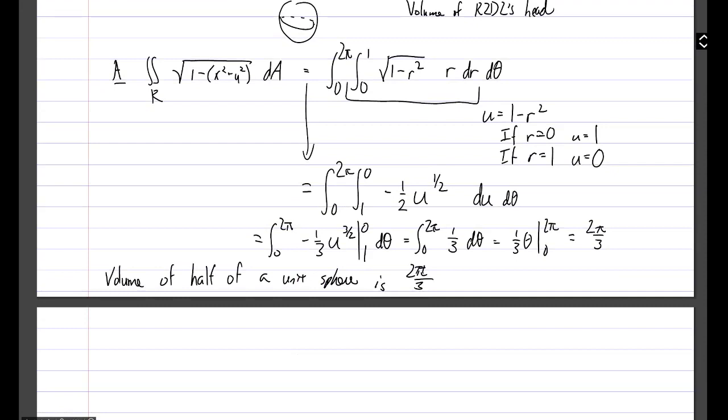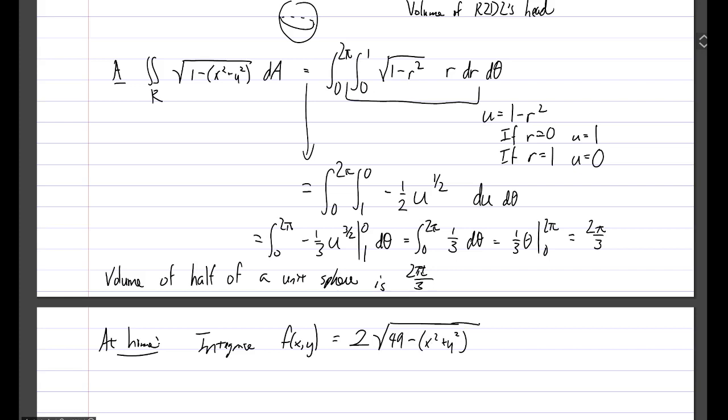Now, what you should try, just at home, as another sample problem, would be to integrate f of x comma y equals 2 root 49 minus quantity x squared plus y squared, over x squared plus y squared less than or equal to 49.